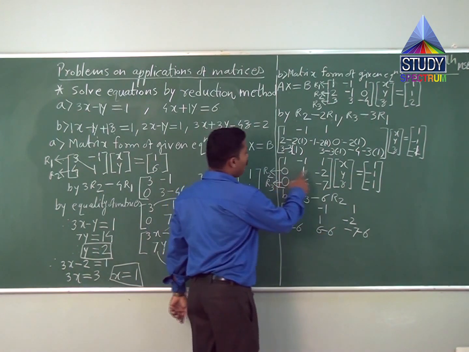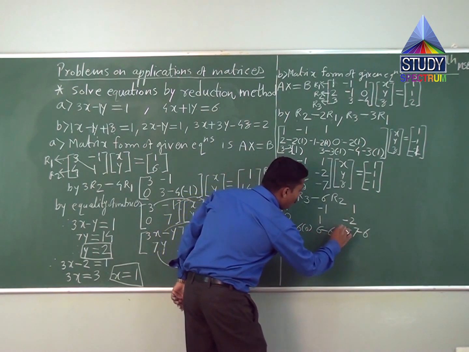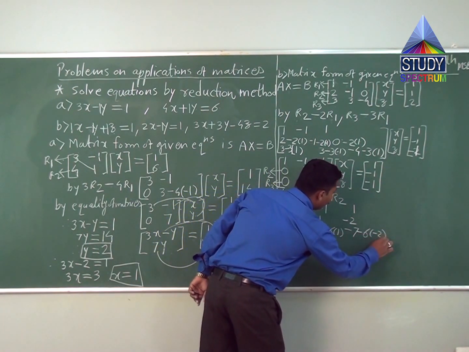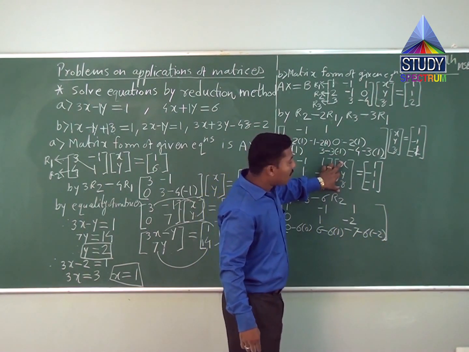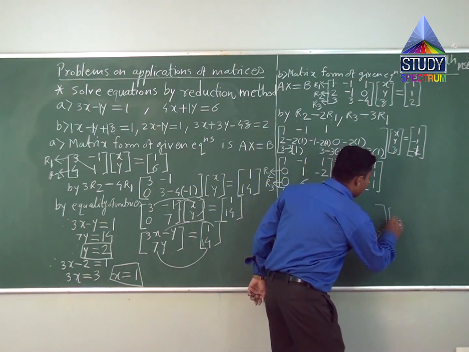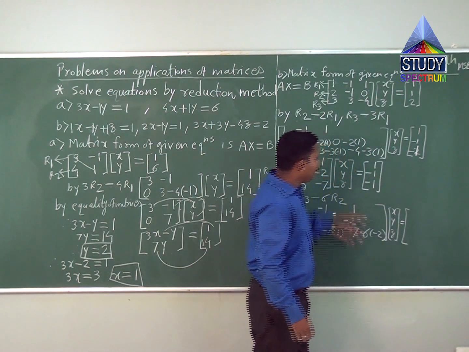What is R2? 0 1 minus 2, and this is the matrix x y z equal to this calculation.